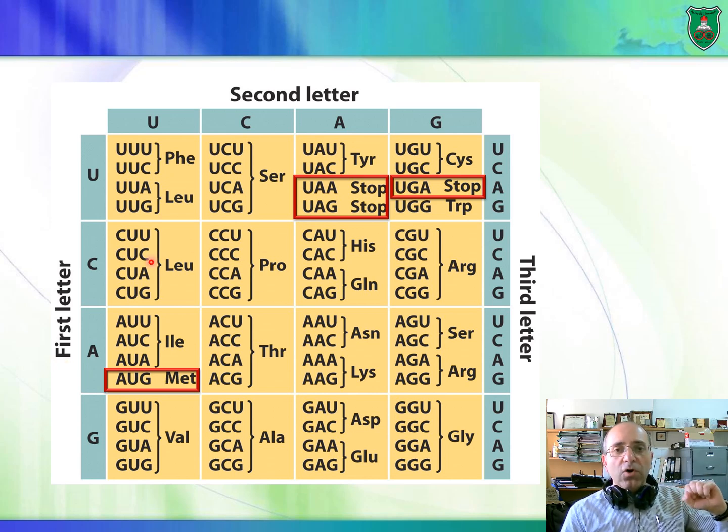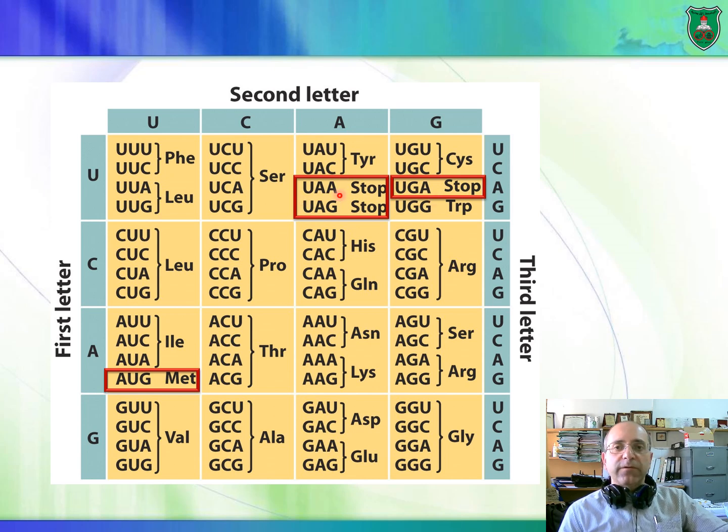Now notice that all of the other amino acids can be encoded by two or more codons. Like for example, you have this amino acid right here, proline, abbreviated as pro. It can be encoded by any of these four codons: CCU, CCC, CCA, CCG, and so on. But methionine is the only amino acid that is encoded by a single codon, which is AUG.